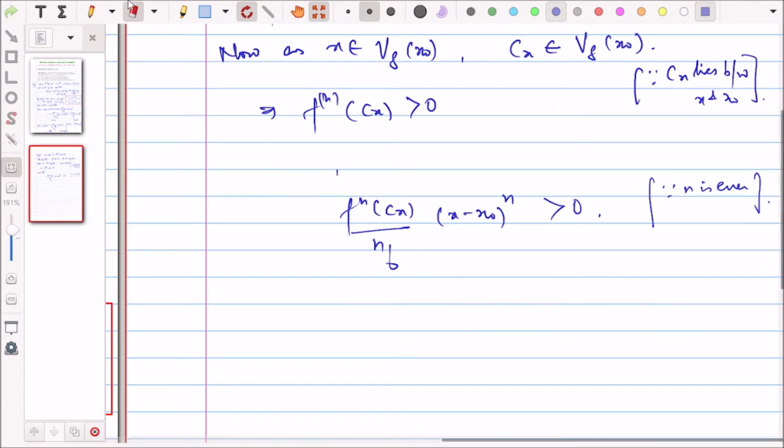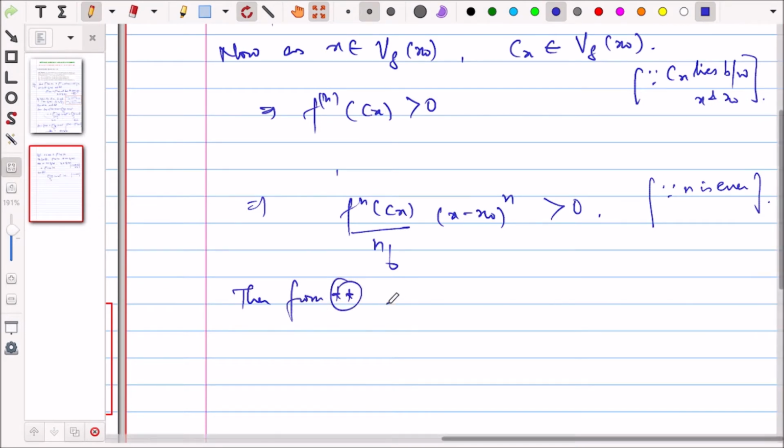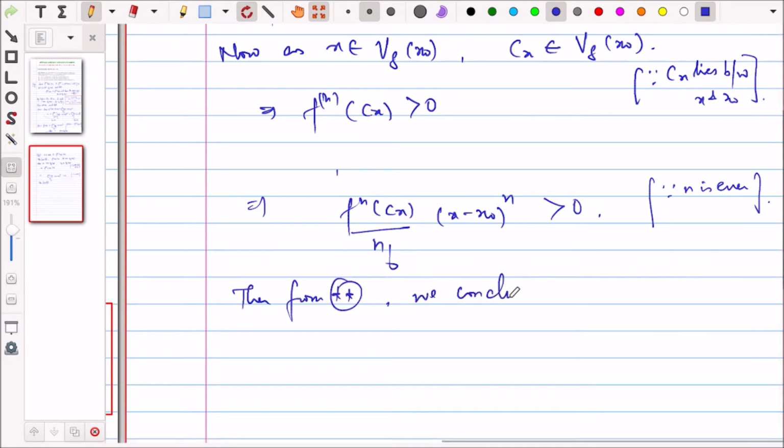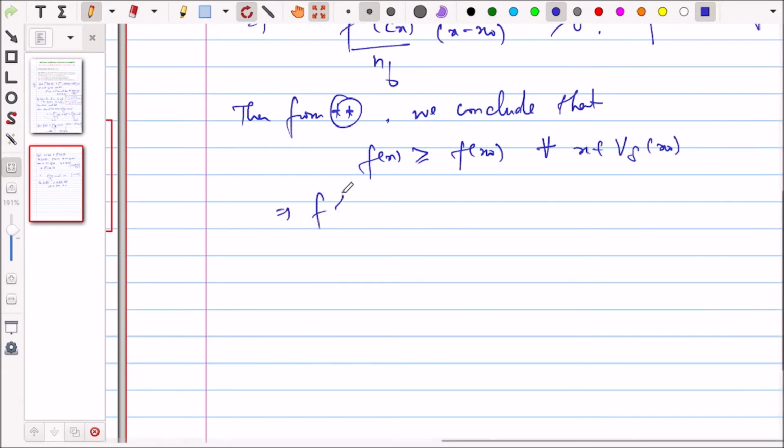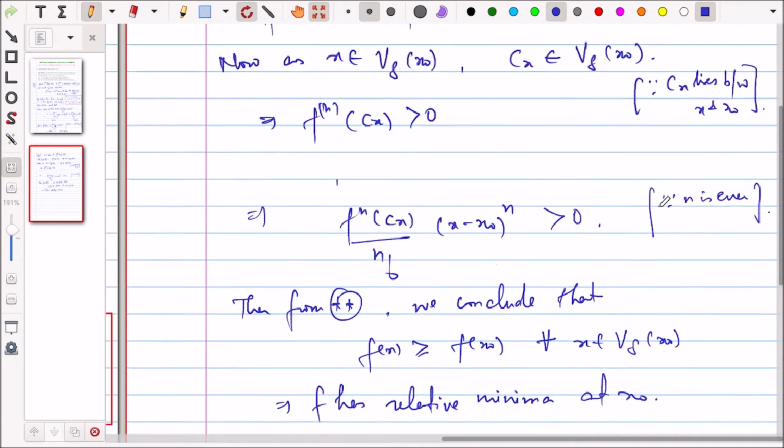So this implies this. And then from double star we conclude that f(x) is greater than or equal to f(x naught) for all x belonging to V delta neighborhood of x naught, and this implies f has relative minima at x naught. Fine?